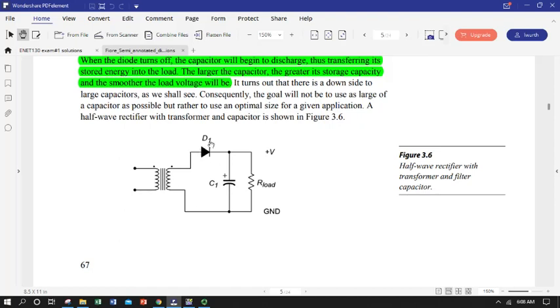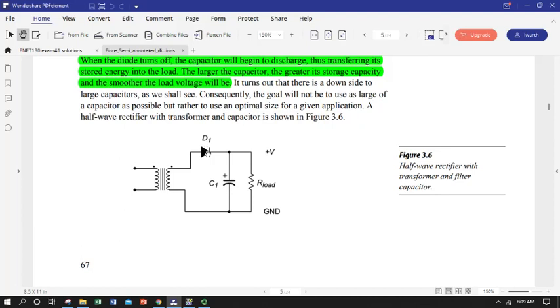So the capacitor can charge from the diode, it can't discharge through the diode, but it can discharge through the load and act as that voltage supply that we needed between peaks. So this is great. We just slap a capacitor across the load, in parallel with the load, so it becomes a little voltage source when the diode is not supplying the peak voltage we want.